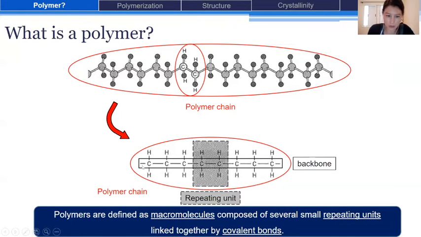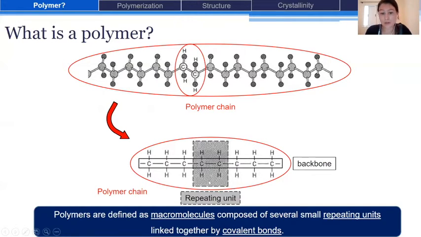So here, as we described, we have the polymeric backbone, on which all these carbon atoms are linked by covalent bonds, and a part of them, the hydrogen. It is an example. Hydrogen can be other atoms or other molecular groups. And in order to describe this very, very long chain of atoms, we can use a repeating unit.